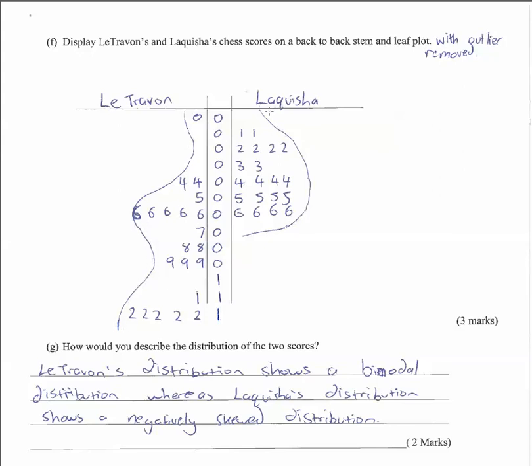With player 2, there's a cluster through the middle here, but it's deviating a little bit to a negatively skewed shape because you have a bit of a drop off here. So this one here you would call more or less a negatively skewed distribution, whereas this one here you would call a bimodal distribution.